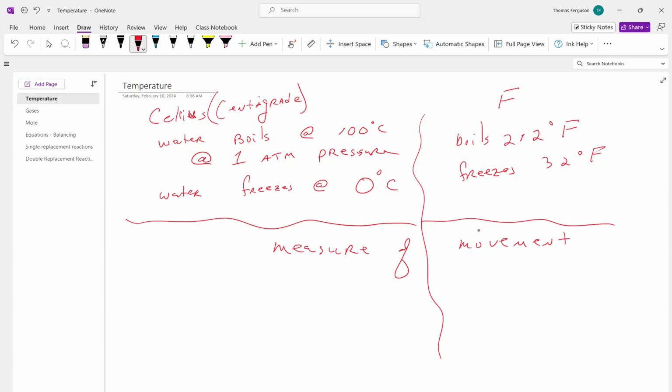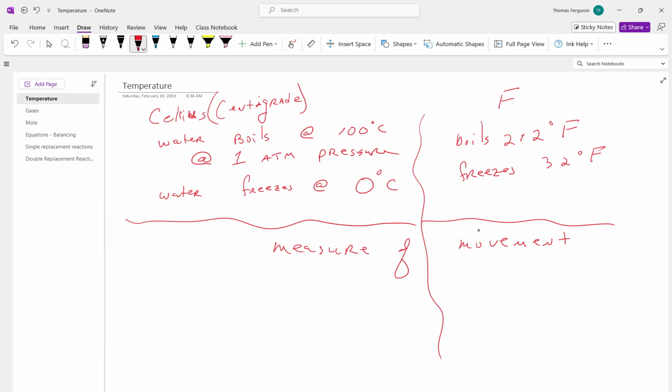That's why you always associate temperature with how hot or how cold something is. Everything around us is moving. This thing is moving. My hand is moving. This computer, every atom or molecule in it, is moving. When you get into 1A, you're going to calculate the speed at which stuff moves quite a bit.